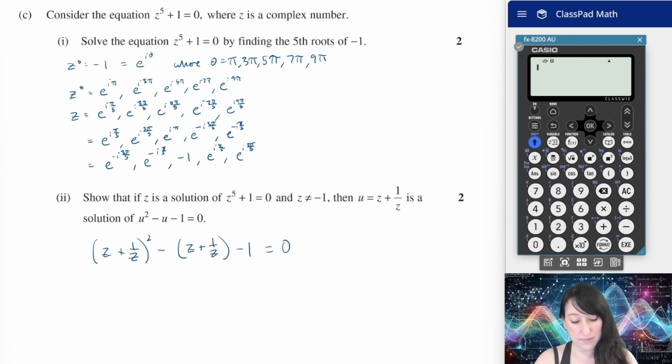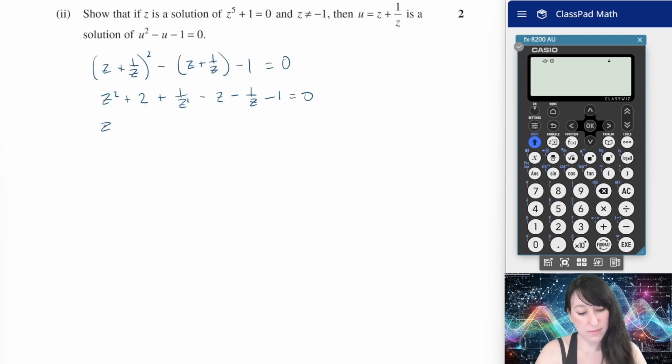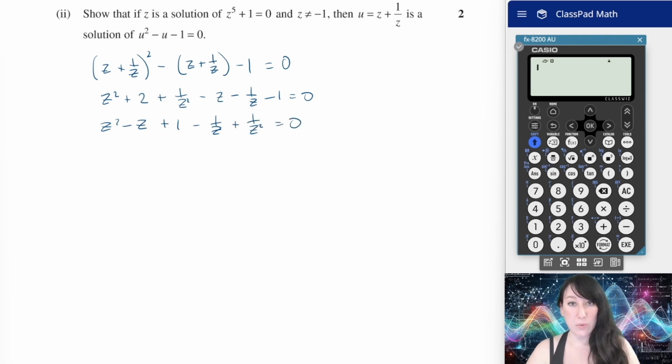Let's expand. We'll just simplify it a little bit. And let's get that all into one fraction.